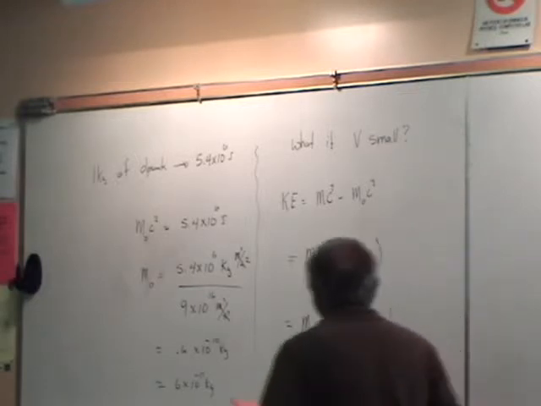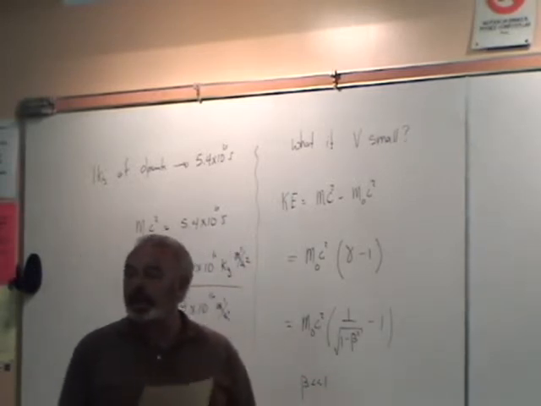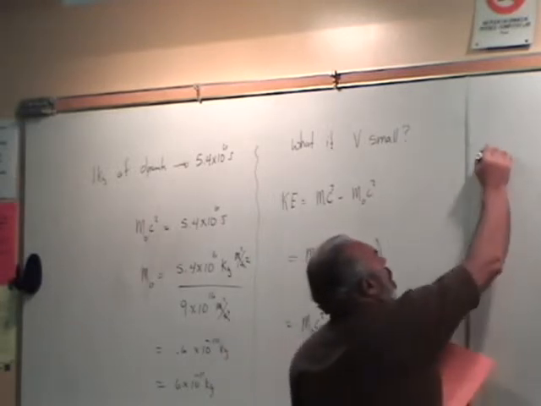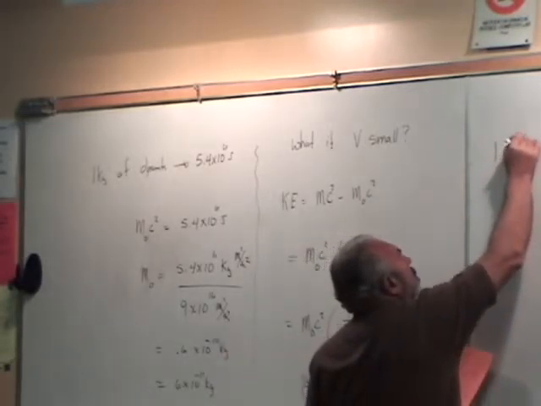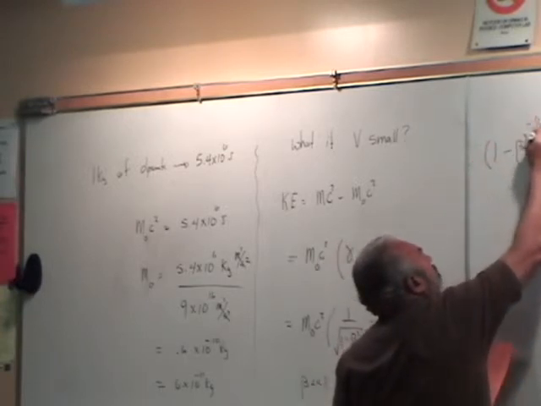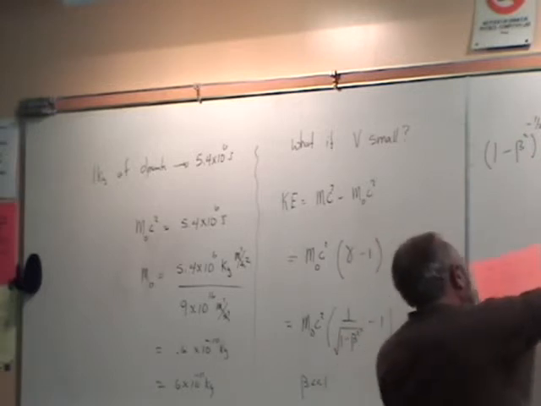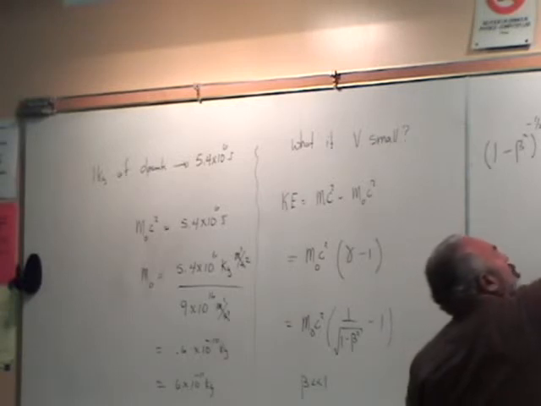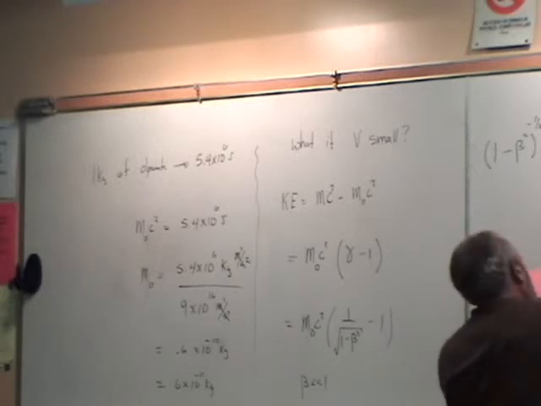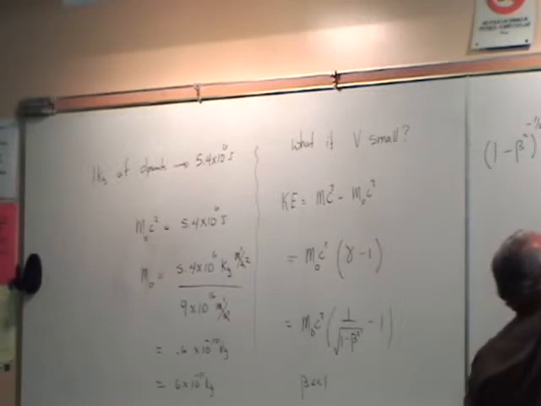Well, the neat thing is we can evaluate this quite nicely by simply doing an expansion. All we have to do is expand this term. That is 1 minus beta squared to the minus 1/2 power. And as you recall, the binomial expansion, 1 minus x to the n is equal to, well, 1 plus nx plus, and it never ends.